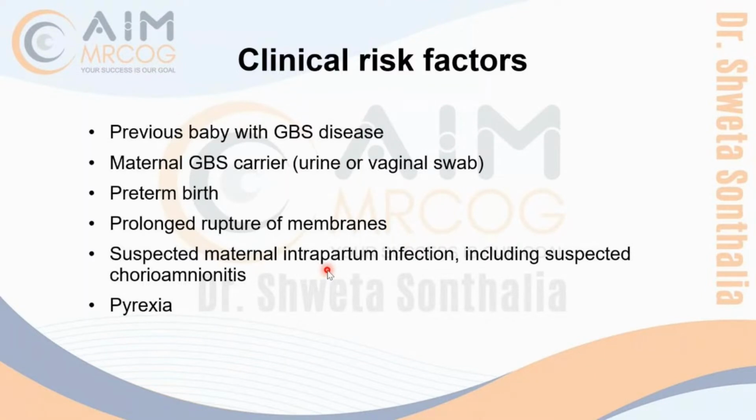So intrapartum infection, intrapartum pyrexia, preterm, PPROM: these you are going to give irrespective of her status, even if she is a carrier or not a carrier. You don't need to test for them. You are going to give them. These are the obligatory things where you are going to give: previous baby with GBS, you give plus baby monitoring. And if she's a carrier, definitely you want to give. So this is what you have to remember.